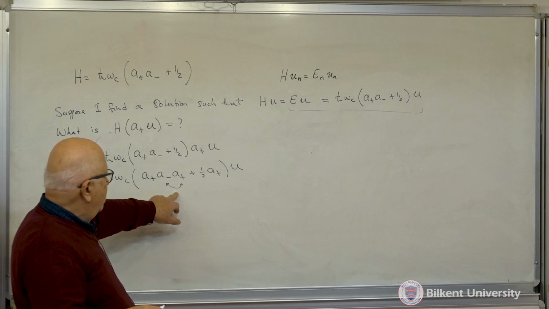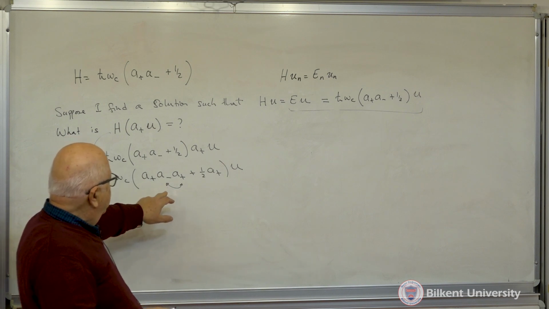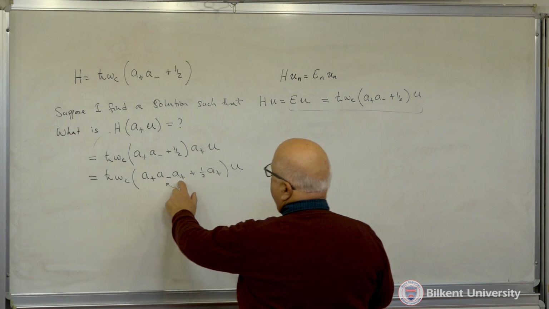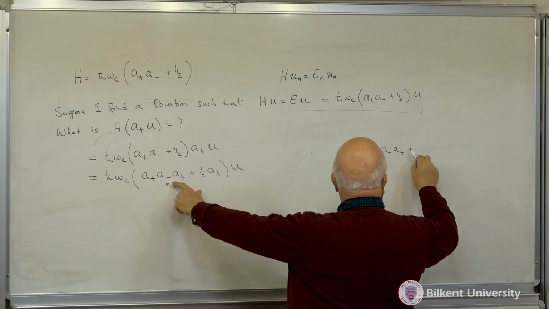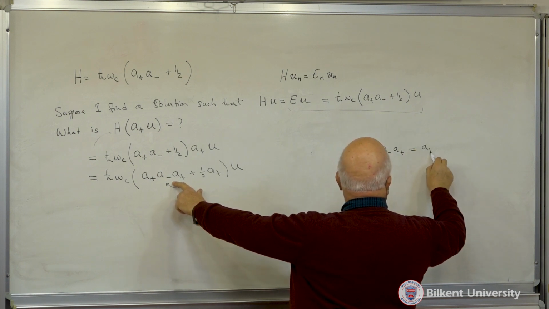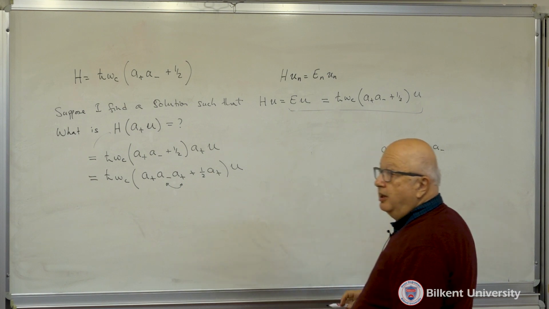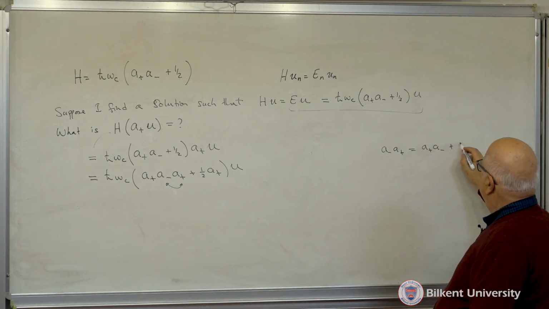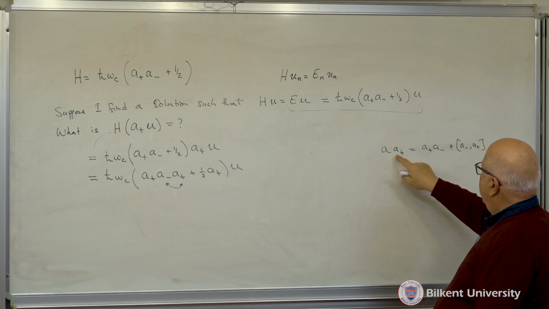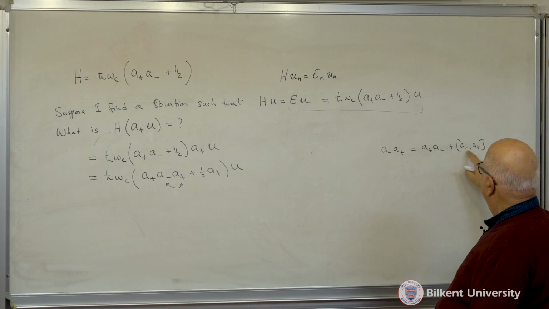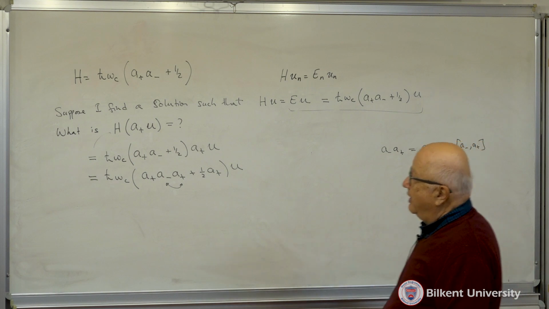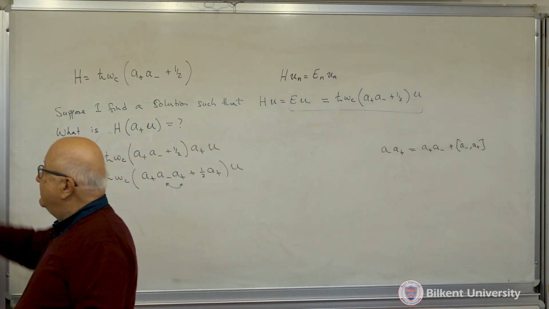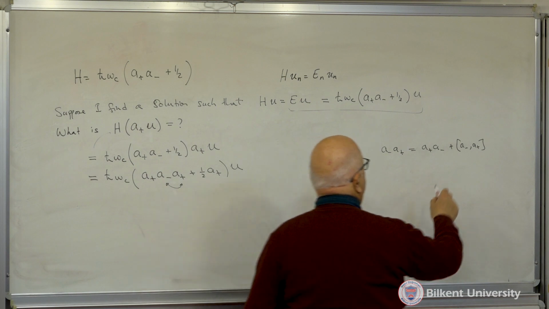With that commutation relation. So the trick is if you have something like a minus a plus, what you do is you write it in the opposite order, a plus a minus, and then add to it the commutator a minus a plus, in the same order, because this is now going to just cancel this term. So this a minus a plus from our list over here was plus 1, right?